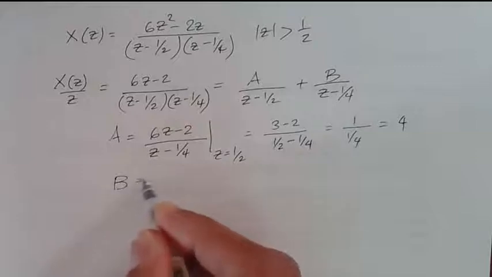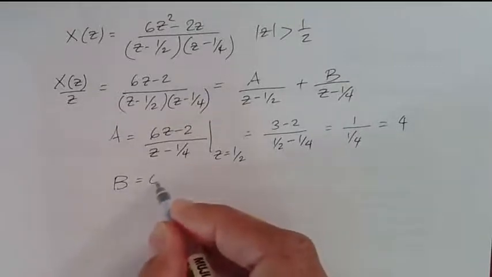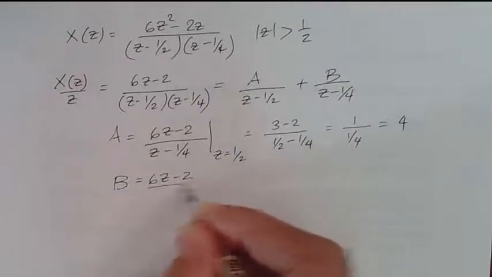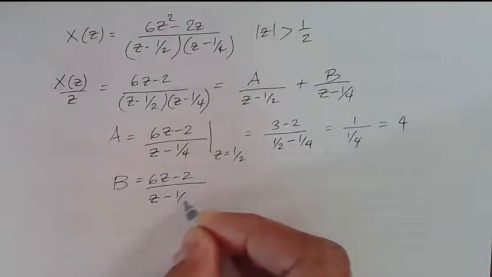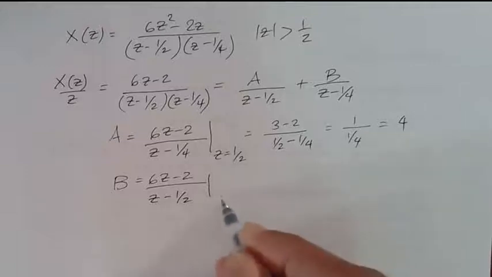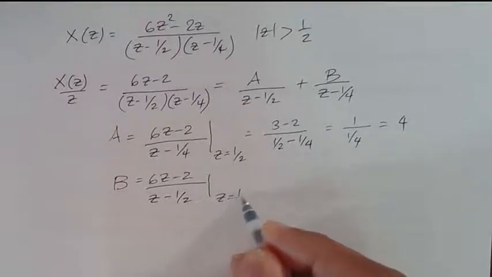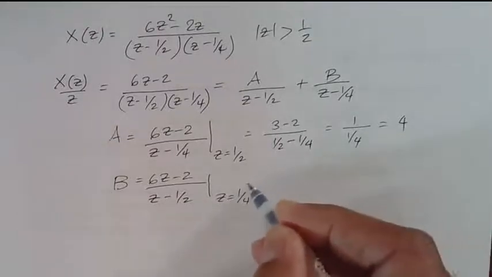B is equal to (6z minus 2) divided by (z minus a half), and I have to evaluate at z equals 1/4.